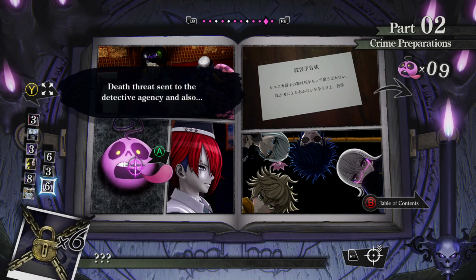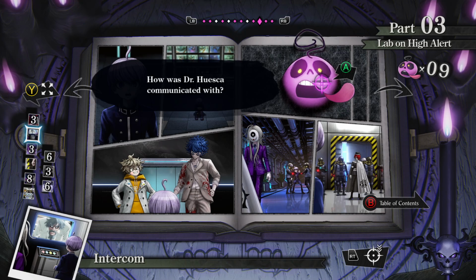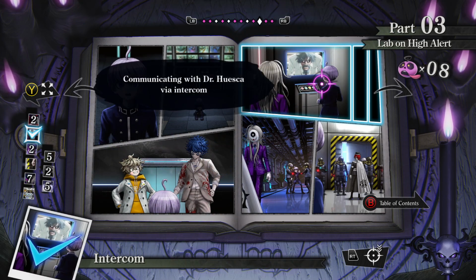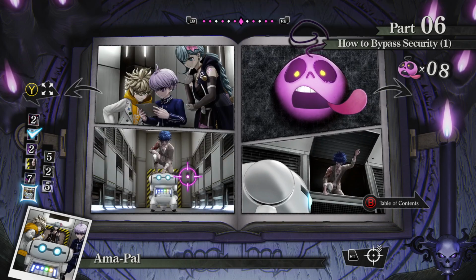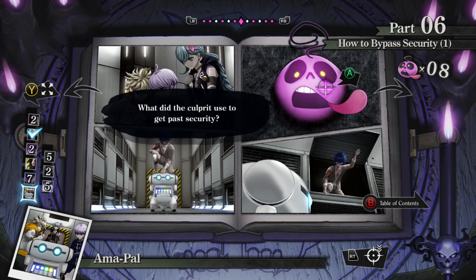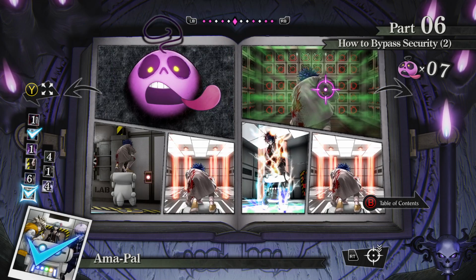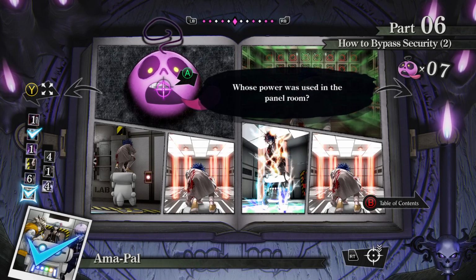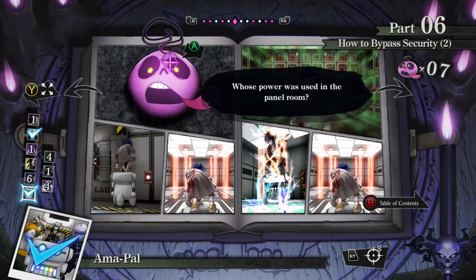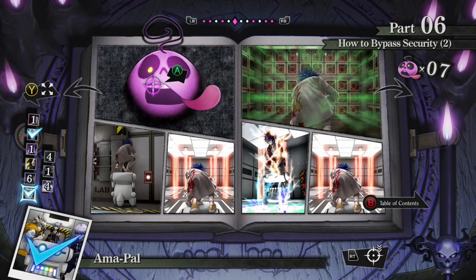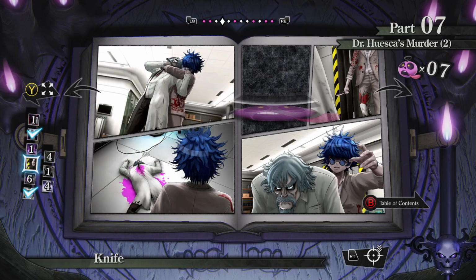And also, can't do that one yet. Intercom. Copper heart hid. Nope. Armor pal. This one is Fubuki. A knife.